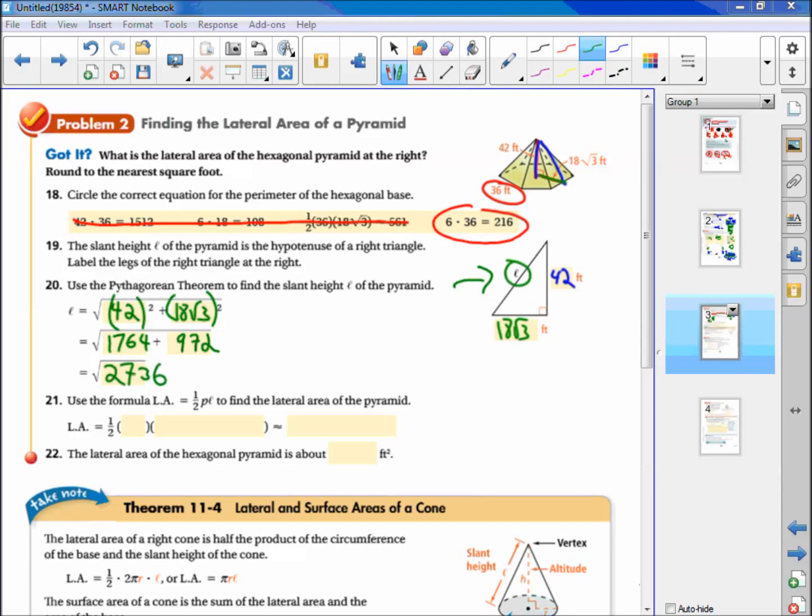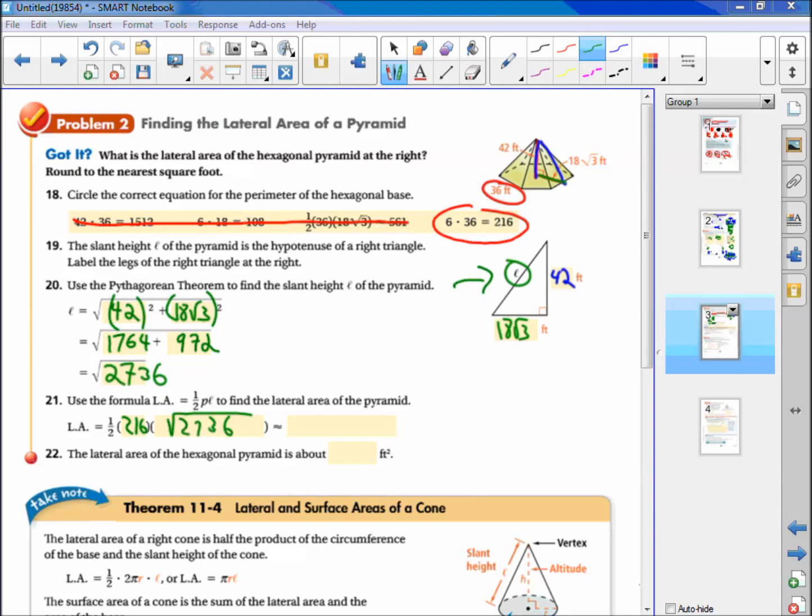So use the formula 1/2 perimeter times the slant height to find the lateral area of a pyramid. So our perimeter we found was 216. Our slant height was the square root of 2736.